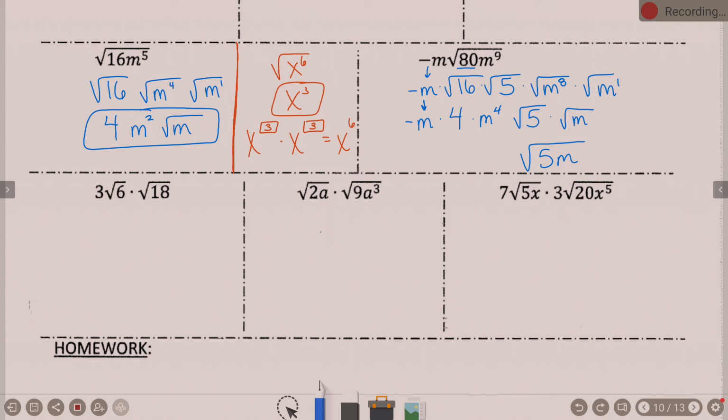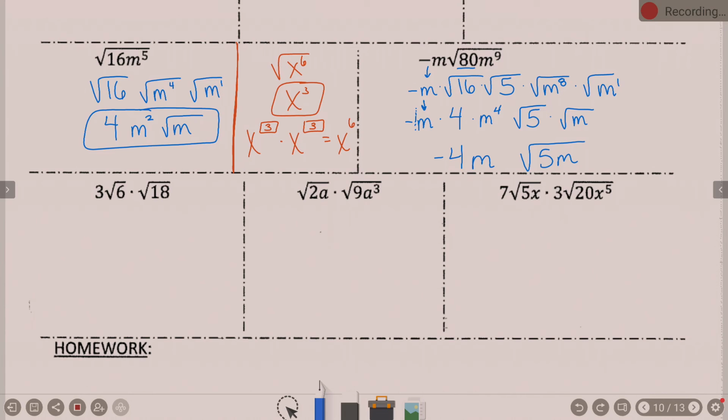Over here, with our pieces that are outside, we have a negative and we have a 4. If you want, you could think of this as a negative 1. What's negative 1 times 4? Negative 4.